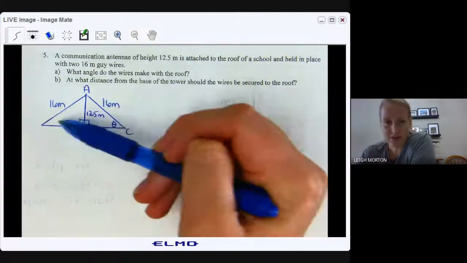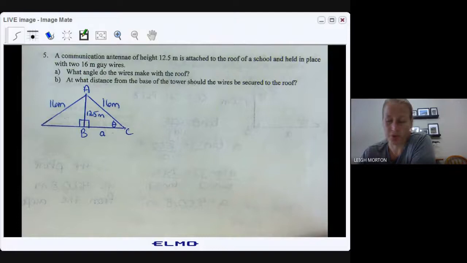These are identical triangles. I'm just going to solve one of them, and that gives us the answer for both.